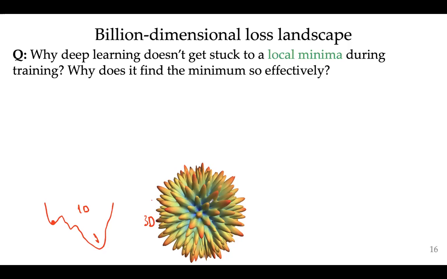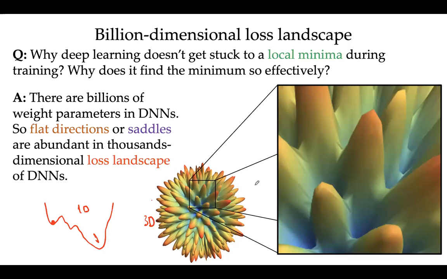If we zoom in, let's say the minimum point is somewhere here. Let's say you start training from here, and then you go down. Now it looks like you are stuck at a local minimum, but this is not really a well. This is a saddle.